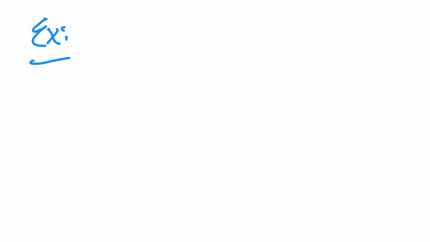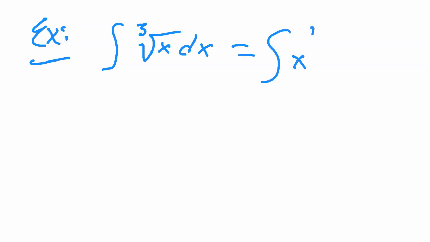So for example, if I have the antiderivative of the cubed root of x with respect to x, let's just do this one. Well, the cubed root of x, we could rewrite that as a power. That'd be x to the 1/3 power with respect to x. So that's going to be the trick here. And then what I do is the power rule. So for the antiderivative, I'm going to add 1.